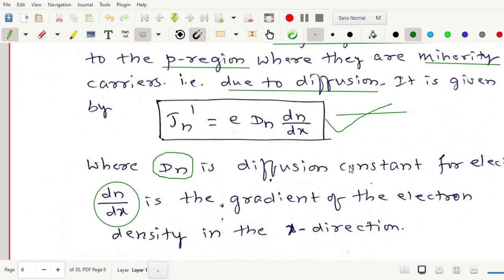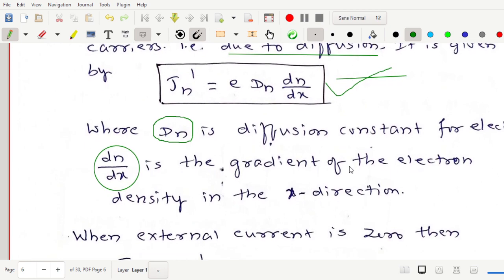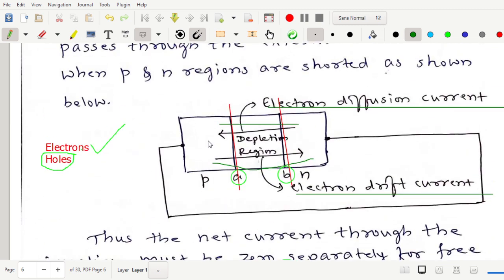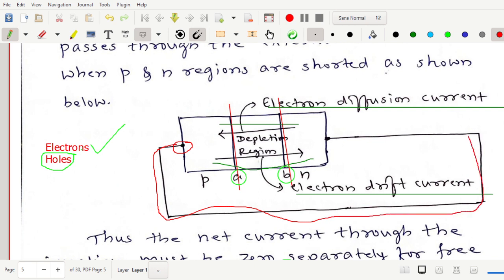And now when there is no external current, that is when external current is 0. If we look at the diagram here, from this P region, when we are connecting it from here to here, there is no battery connected.